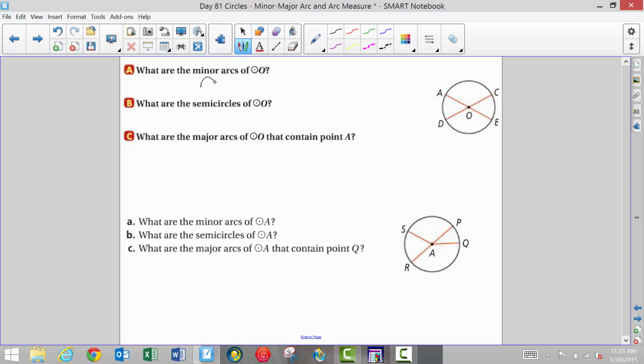I have arc AC, arc AD, arc CE, and arc DE. Those are all minor arcs because they're less than 180 degrees, less than half a circle. If I rename them CA, DA, CE, and ED, those are the same arcs.